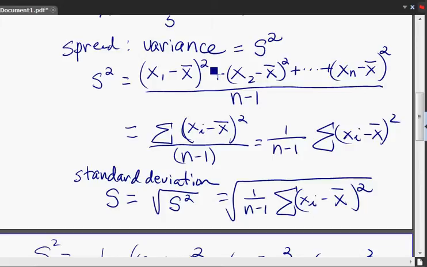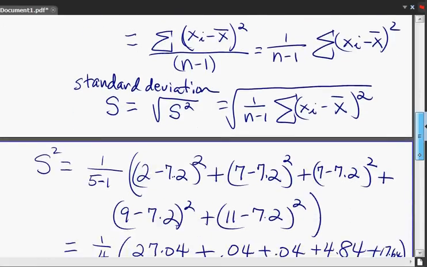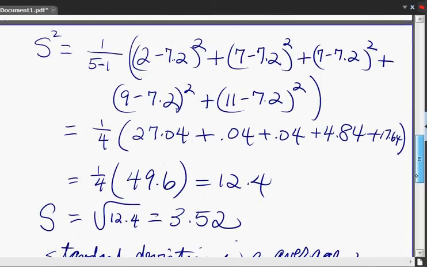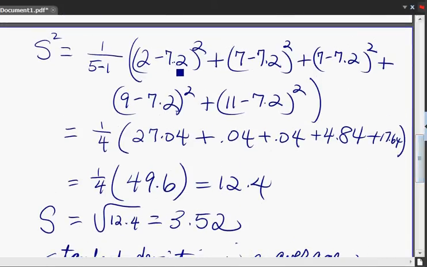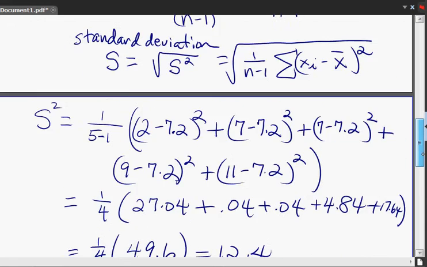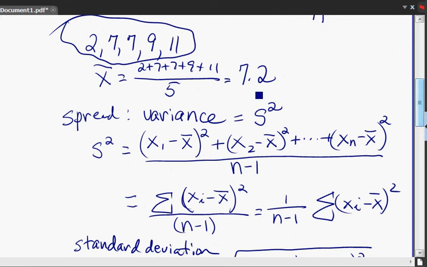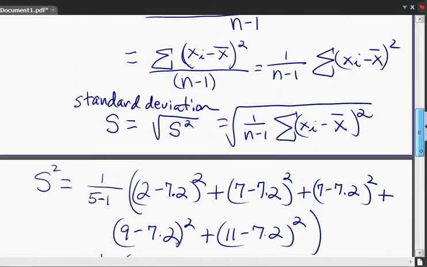I wonder what would happen if we didn't square these numbers and summed it. What if we took 2 minus 7.2 plus 7 minus 7.2 plus 7 minus 7.2 plus 9 minus 7.2 plus 11 minus 7.2? 7.2 because that's my mean, and my mean I calculated as 7.2. Okay?